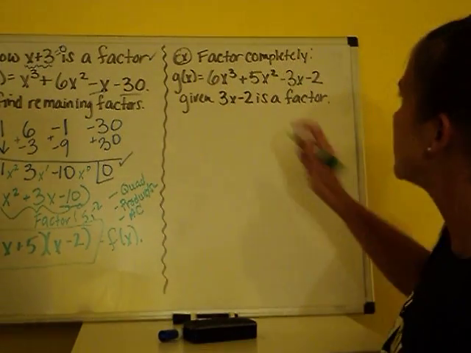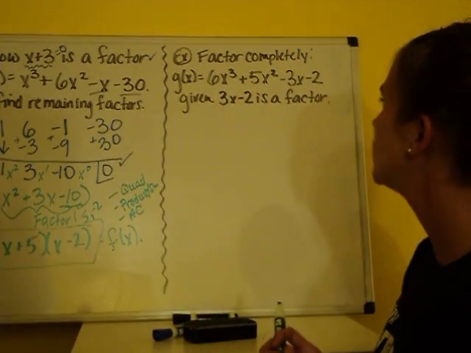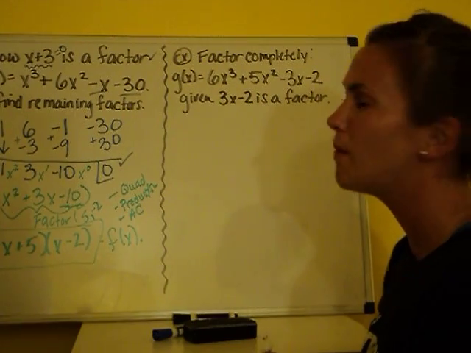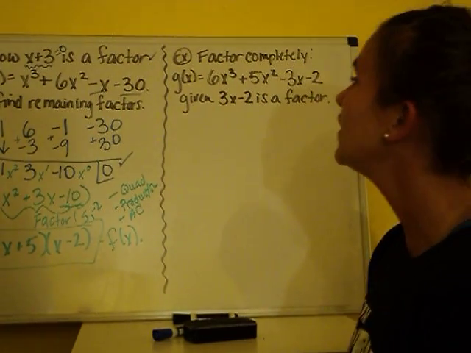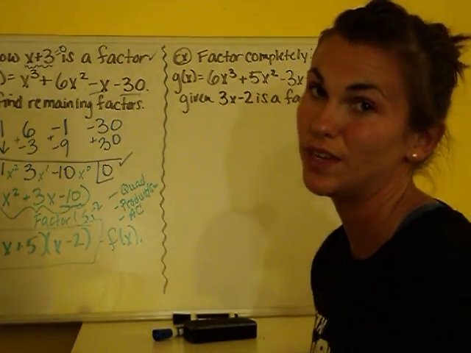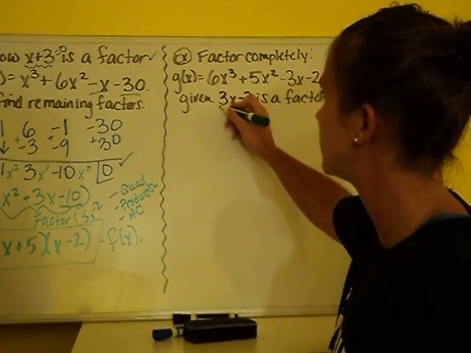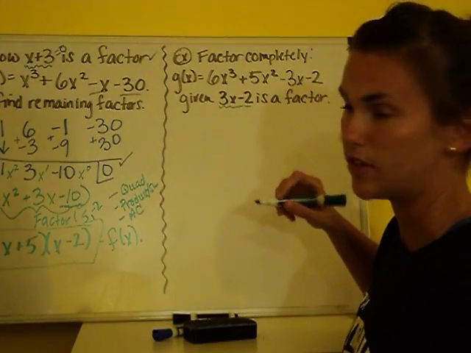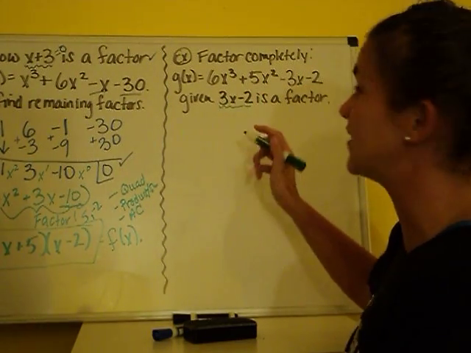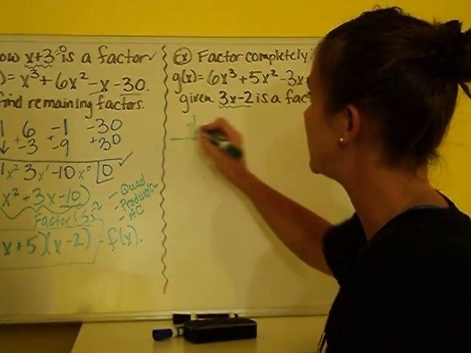We want to factor this polynomial completely. 6x cubed plus 5x squared minus 3x minus 2, given that 3x minus 2 is a factor. Right? This is a little bit trickier because this has a coefficient. Process is still the same. What goes in here is the 0.